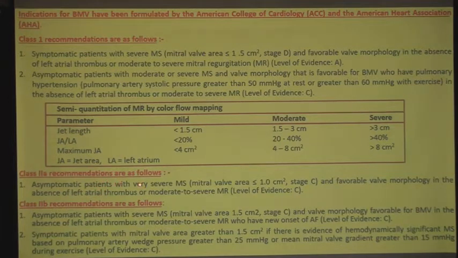Asymptomatic patients with very severe mitral stenosis, meaning valve area less than 1 centimeter square, meaning stage C of mitral stenosis and favorable valve morphology in absence of left atrial thrombus or moderate to severe MR, level of evidence C.